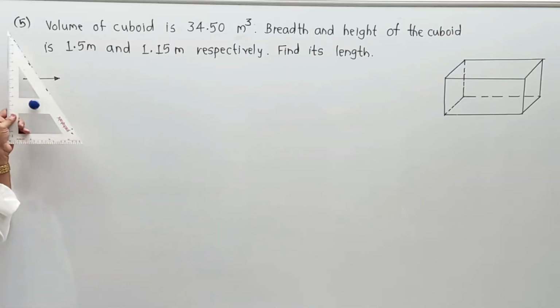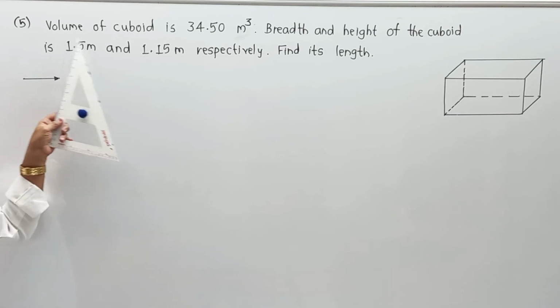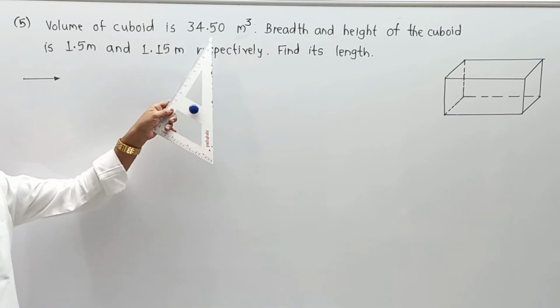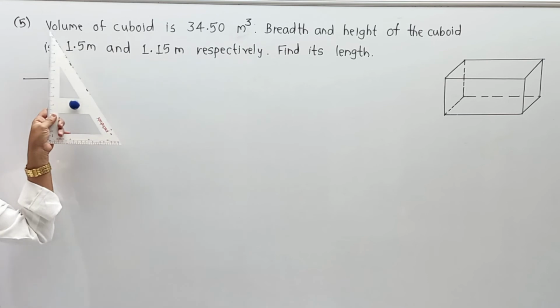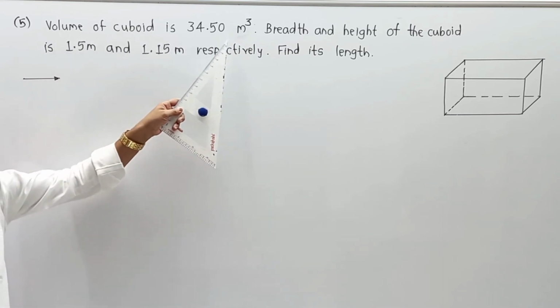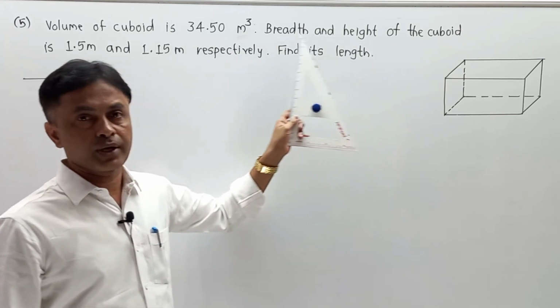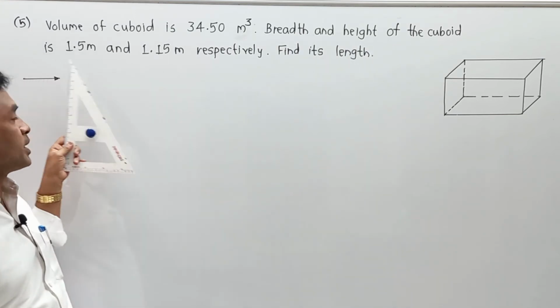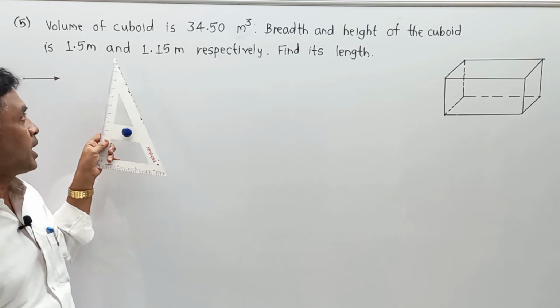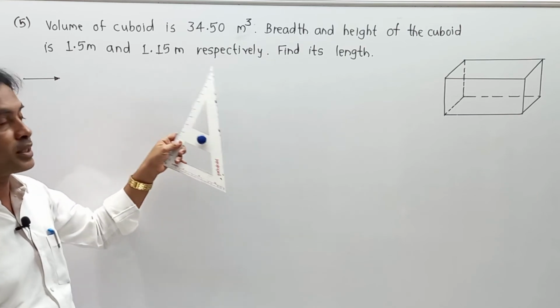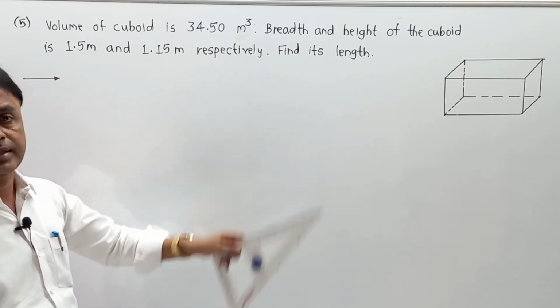Now moving to question number 5. The volume of a cuboid is 34.50 cubic meter. The breadth and height of the cuboid are 1.5 meter and 1.15 meter respectively. Find its length.